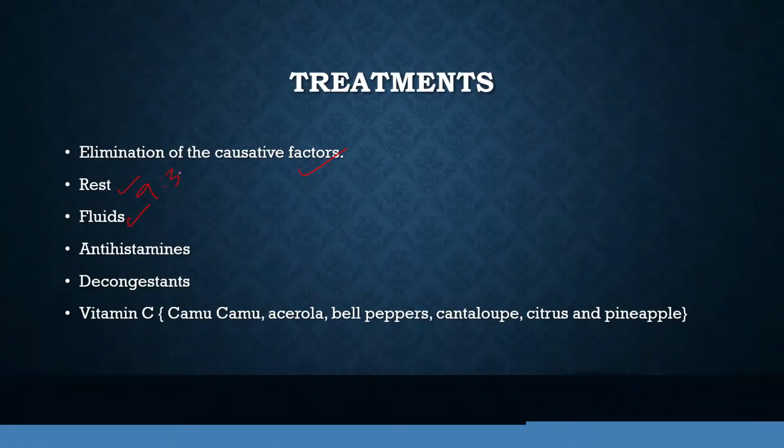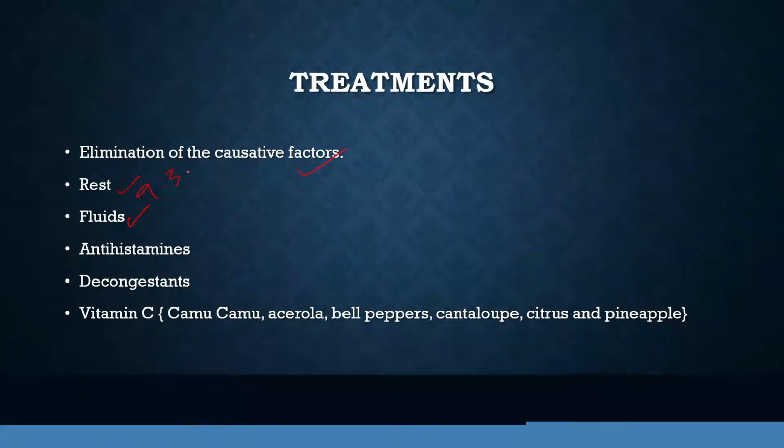And then we have decongestants. Decongestants are also a class of medication that helps when your chest is congested, when your nose is congested. They really help open up such. An example, a powerful one in the herbology field, is peppermint. Peppermint is a very good decongestant. Garlic is a very good decongestant.